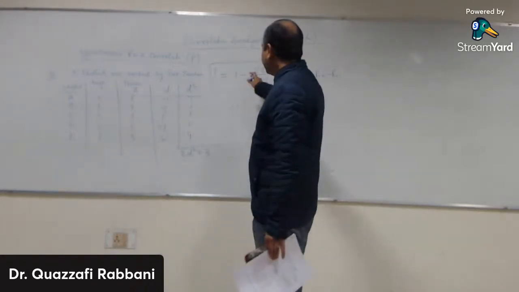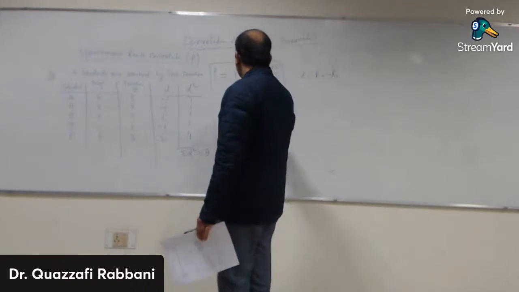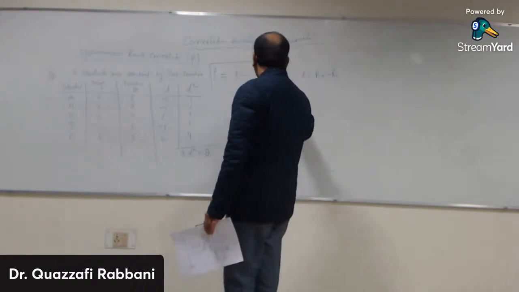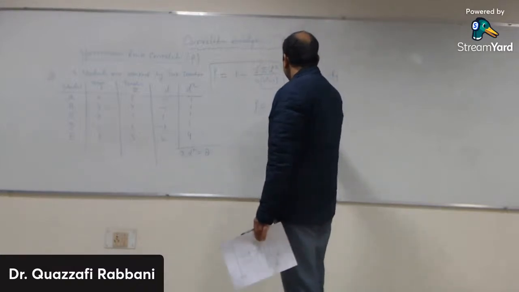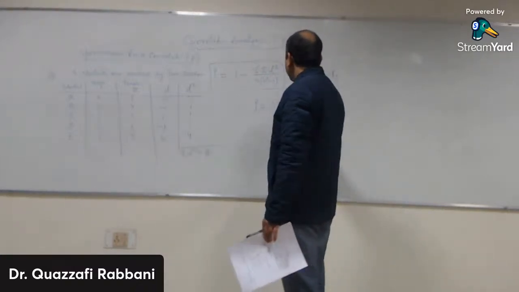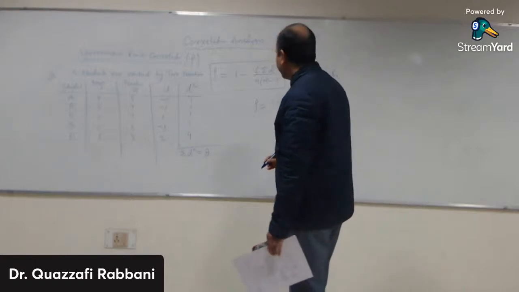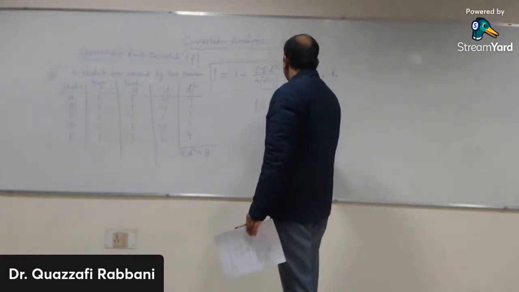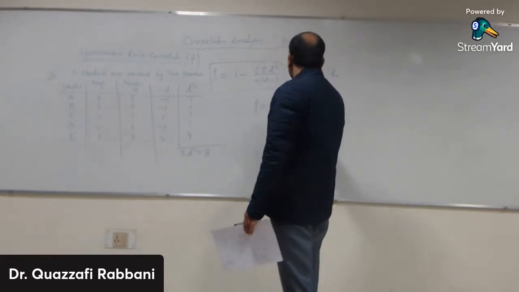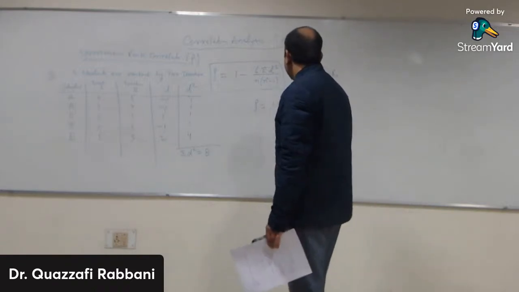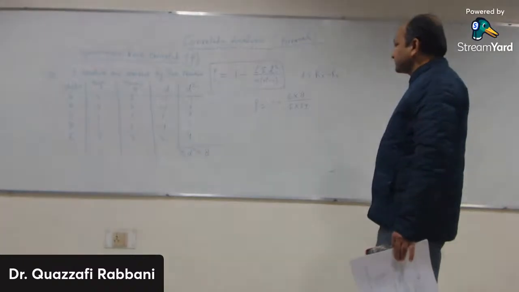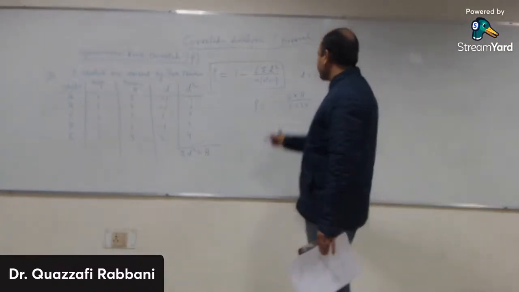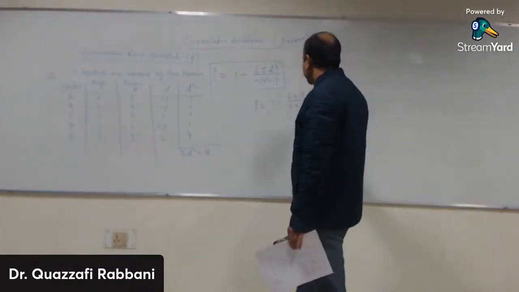Now putting this value in the formula, you get 1 minus 6 summation d square, where d square is 8, divided by n into n square minus 1. N is 5, so 5 into 5 square minus 1, that is 24.